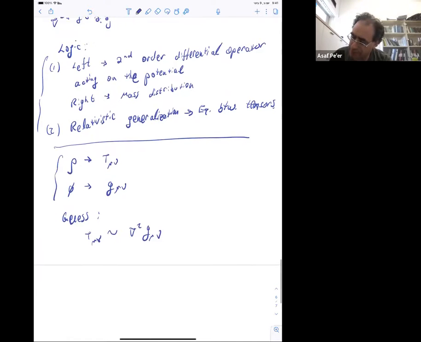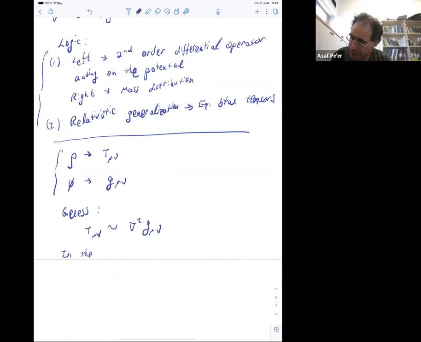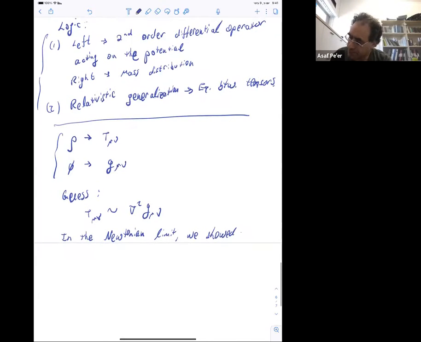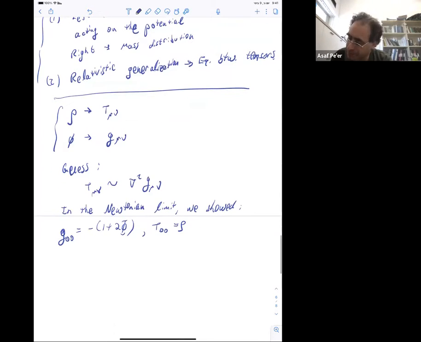Now we showed in the Newtonian limit, if you write down g00 is minus 1 plus 2 phi, and T00 is equal to rho, then the equation that we'll be looking for, remember that?